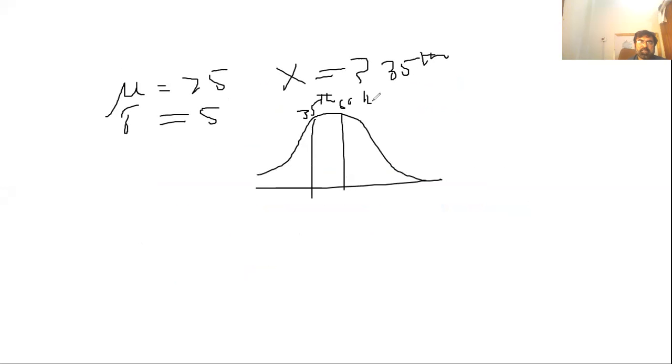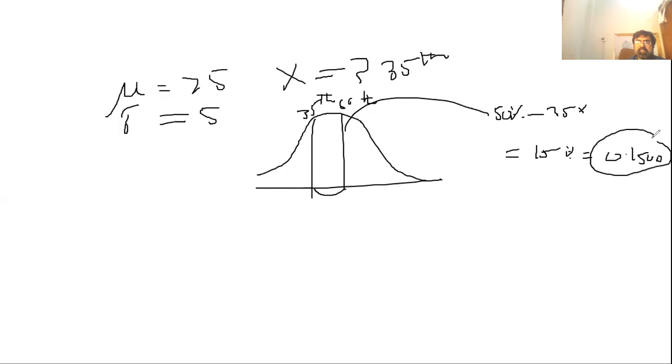This is the 50th percentile. Now what you have to do, you first have to subtract the 35th percentile from 50%, which will give you the area from the mid up to the 35th percentile, and that becomes 15%. So the area, if you divide it, will become 0.1500 in the Z table.